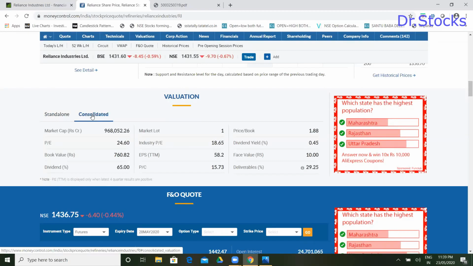So again, there should be some re-rating coming to this stock. The reason being, it has a wide presence in a very large and growing sector over the past 2 years. They are growing the retail chain like anything, and they are growing the voice business on Geo, that is the mobile communication business, like anything. So it seems there should be some correction in the PE values of Reliance, meaning it will get different valuations.